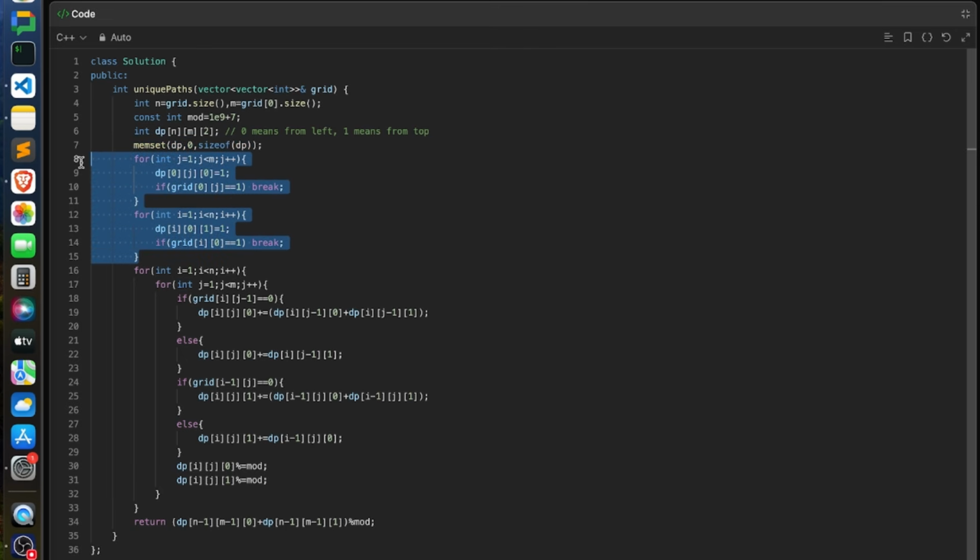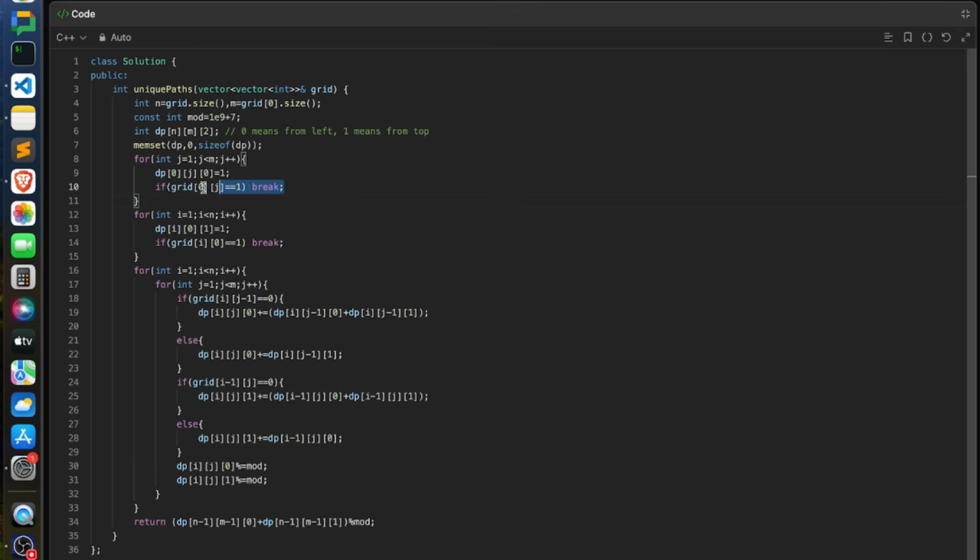This is my corner case. So the first case is to build a DP array for the first row. We know that the number of ways to reach in the first row would be 1, but only if you have not hit a mirror, because once you hit a mirror, it will immediately change the direction to down. So let's say you keep on going right, but once you hit the mirror, it would go down.